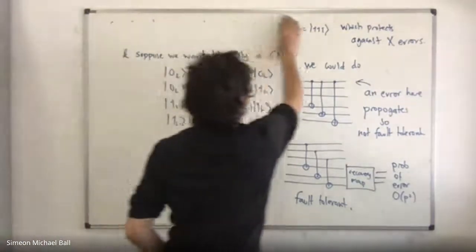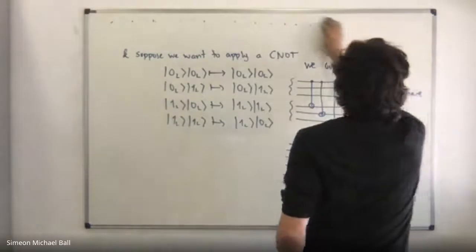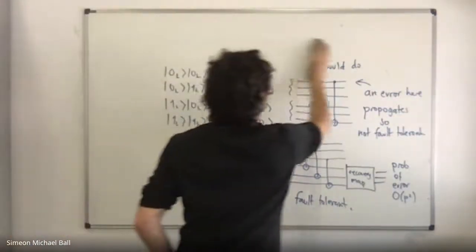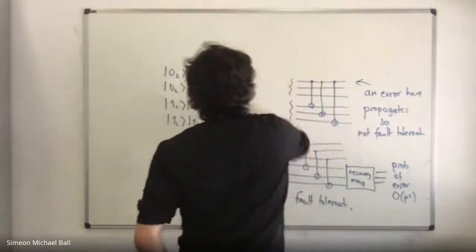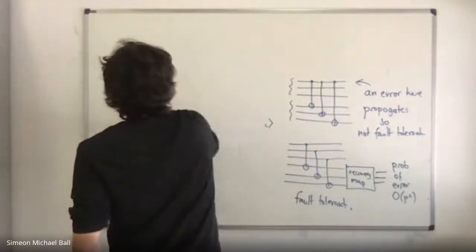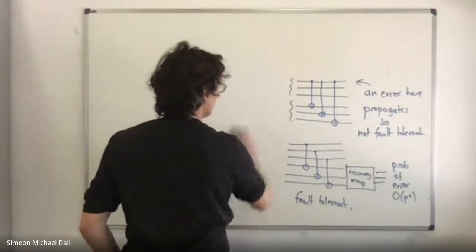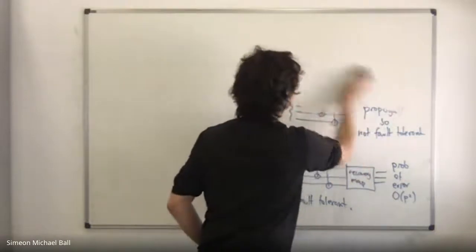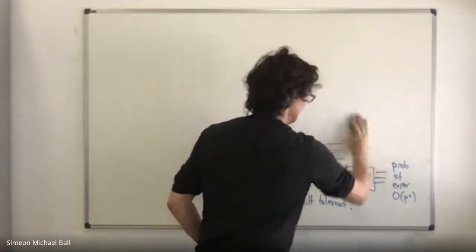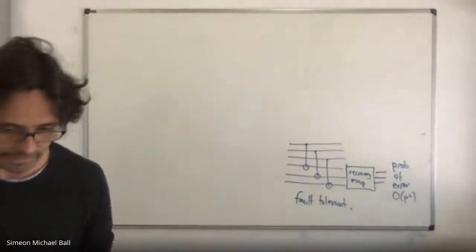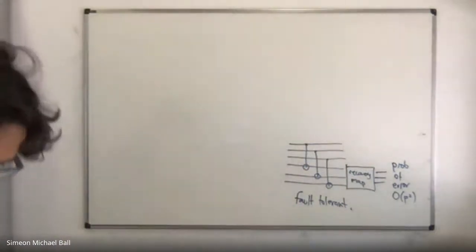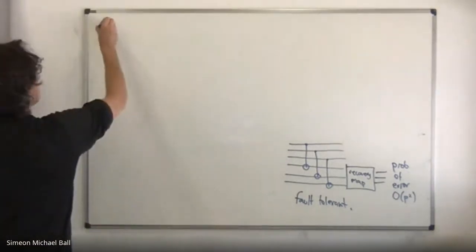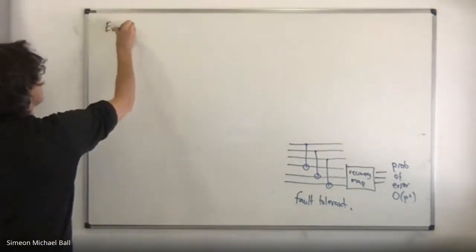So let's look at a proper code, because as we know that's not a fault correcting code. Okay. So let's look at the proper code. So this is from exercise 6.10.